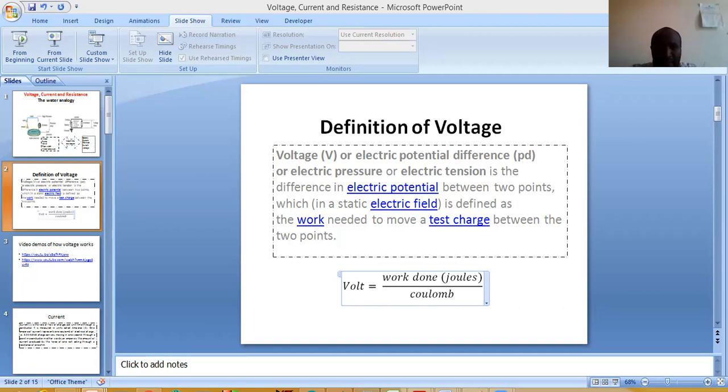Next, we look at what we refer to as electrical power, and what do we mean when we talk of electrical power? Power in physics is defined as the rate of doing work.